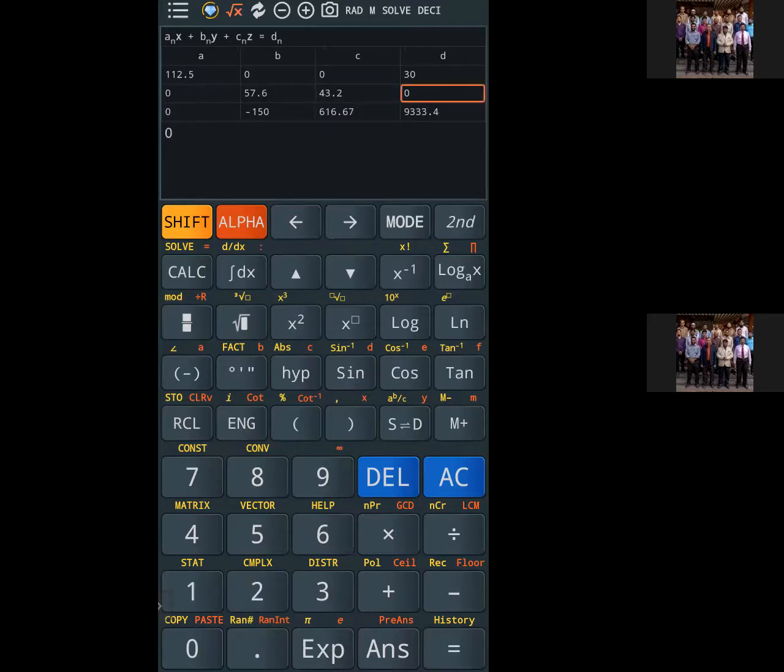Then 20. Then 0. Then 43.2. Then 182.4. Then minus 10.